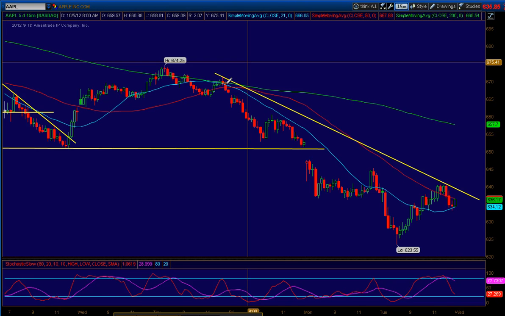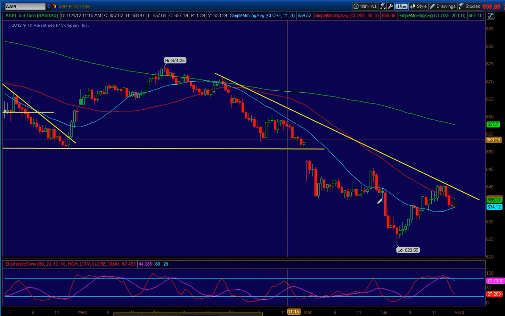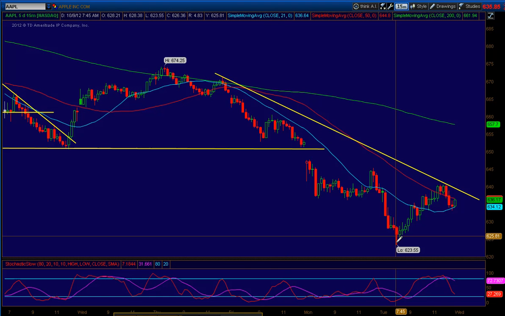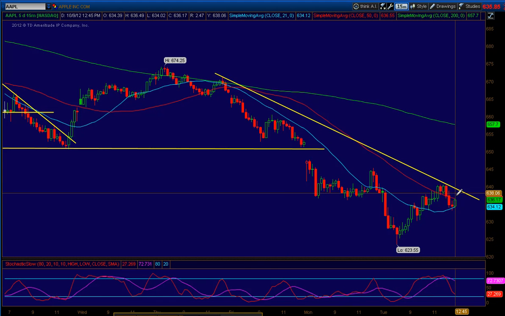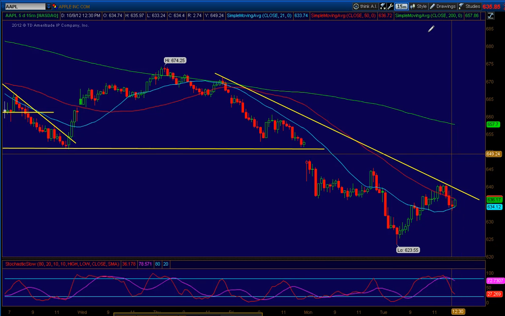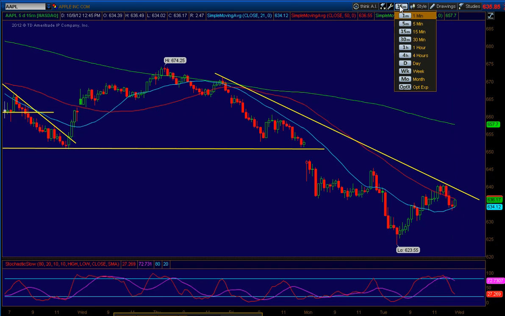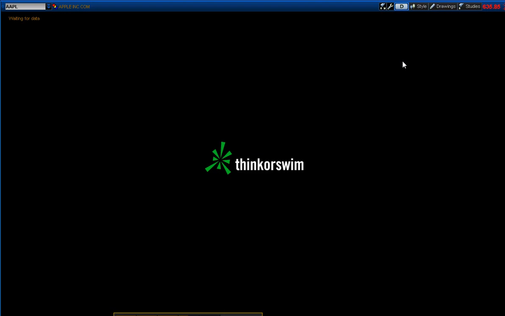This was the downward trend line. They broke through it, sold it down to 623, and it moved up a little bit, and it's after hours, trading here at 637 or so. If it gaps up tomorrow and moves up to 650, 660 levels, then we may see some action to the upside. The market remains under pressure in the sense that the selling is taking place.